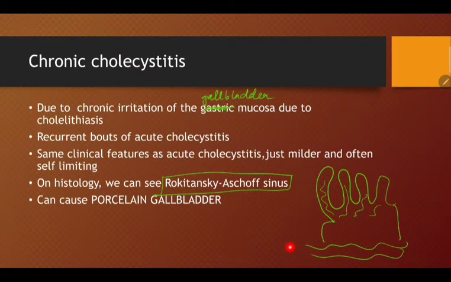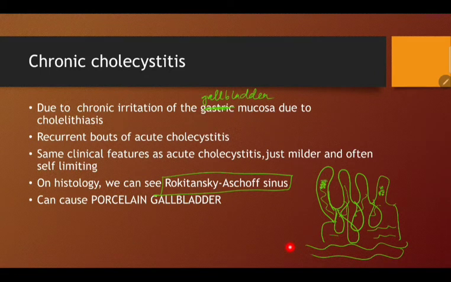Rokitansky-Aschoff sinus is basically outpouchings of this mucosa into the muscularis layer. So over here, you'll see these outpouchings of the mucosa coming in here. What else will you see? Another thing that you will see, because it's an inflammation, right, is mononuclear infiltrates in the lamina propria.